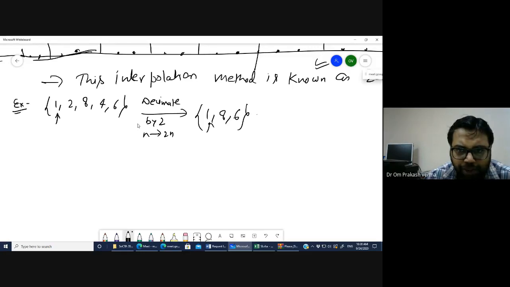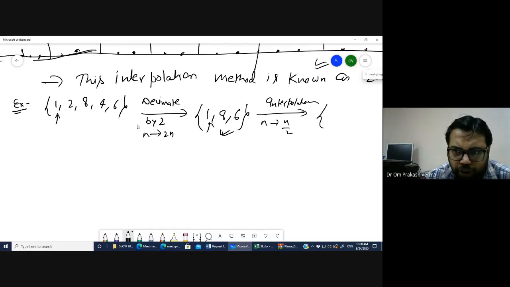Now let's say I'm saying to interpolate the same signal by n by 2. What will you do? Just put a 0 in between them. So this becomes your interpolation property.